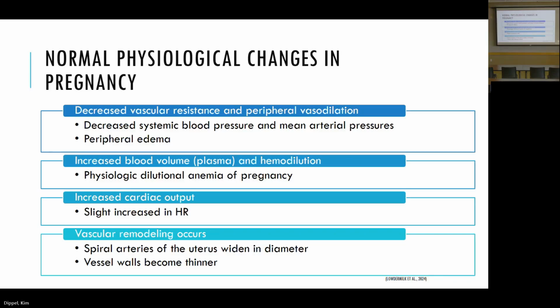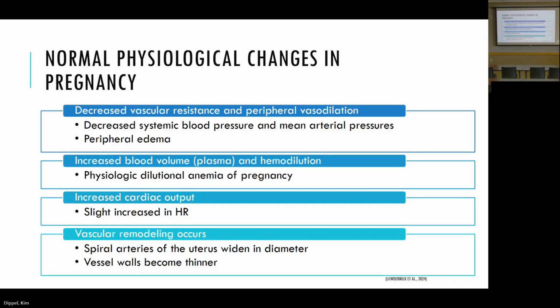So in normal pregnancy, a woman has decreased vascular resistance and peripheral vasodilatation. Why? Because the blood vessels need to be wide and open in order to perfuse that placenta.